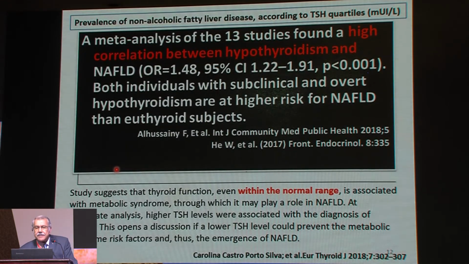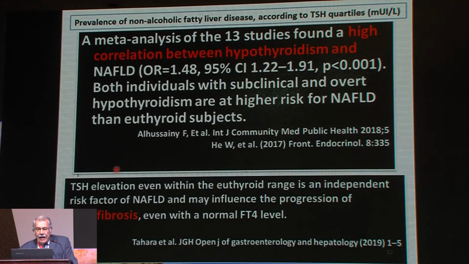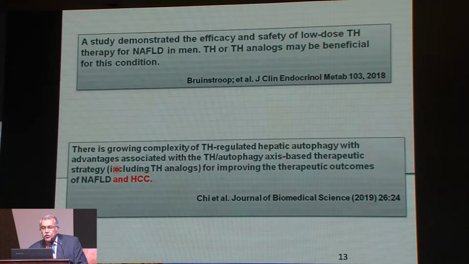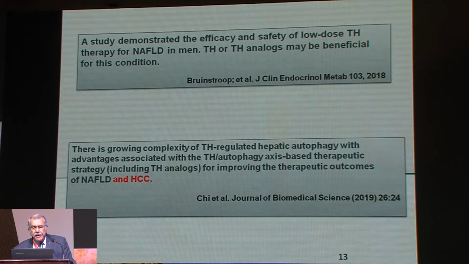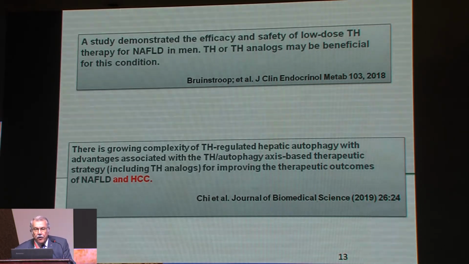A meta-analysis of 13 studies found a high correlation between hypothyroidism and NAFLD. TSH elevation, even within the euthyroid range, is an independent risk factor of NAFLD and may influence the progression of liver fibrosis, a very important issue. So, we now have a study demonstrating the efficacy and the safety of low-dose thyroid hormone therapy for NAFLD.